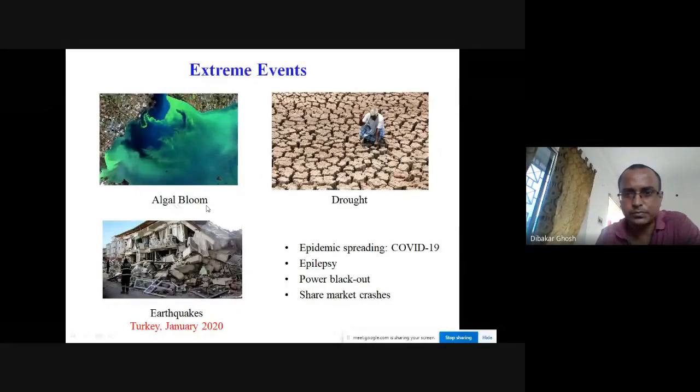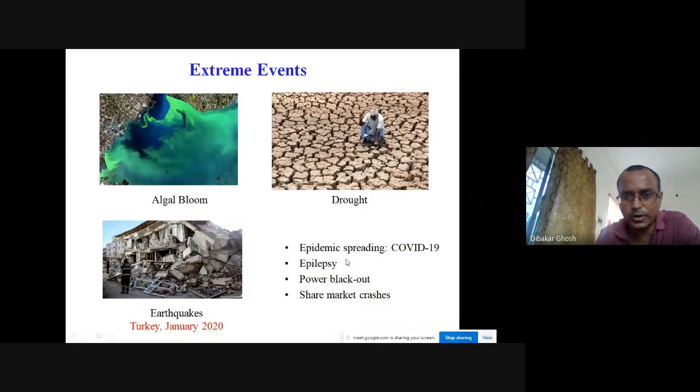And another example, Kalvan boom and earthquake, a very recent earthquake in Turkey, January 2020. Also, this type of event occurs in epidemic spreading like COVID-19.